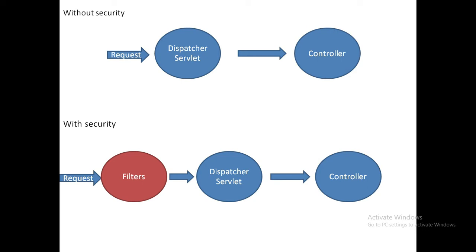We have one more component called the delegating filter proxy, that will be called very first. So I will show you. Suppose this is the request. Now we are going to see the flow in depth. Okay, so first the request comes to the delegating filter proxy.